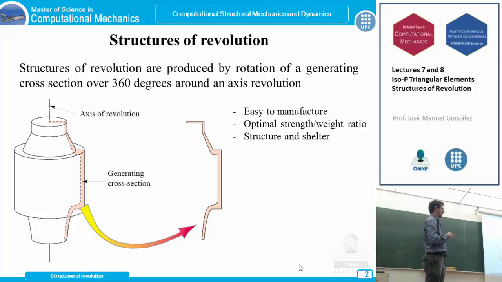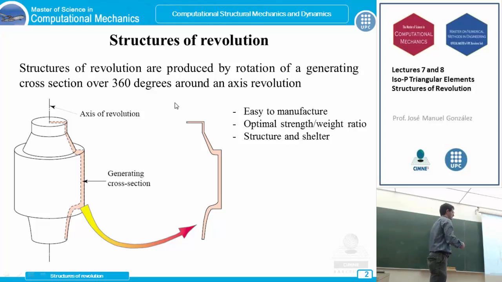These structures of revolution are produced when you have a cross section and you generate the structure by moving around an axial axis over 360 degrees. When your problem involves this axial geometry, you can treat it using only this cross section. You can analyze only this cross section if you are able to impose the proper axial conditions.